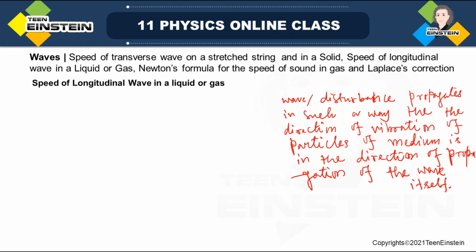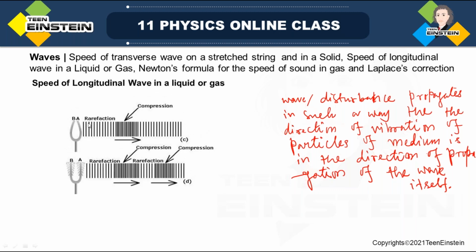And we have seen that the wave in that case propagates through compression and rarefaction of the medium. This we had already discussed earlier also. So this is actually a longitudinal wave.